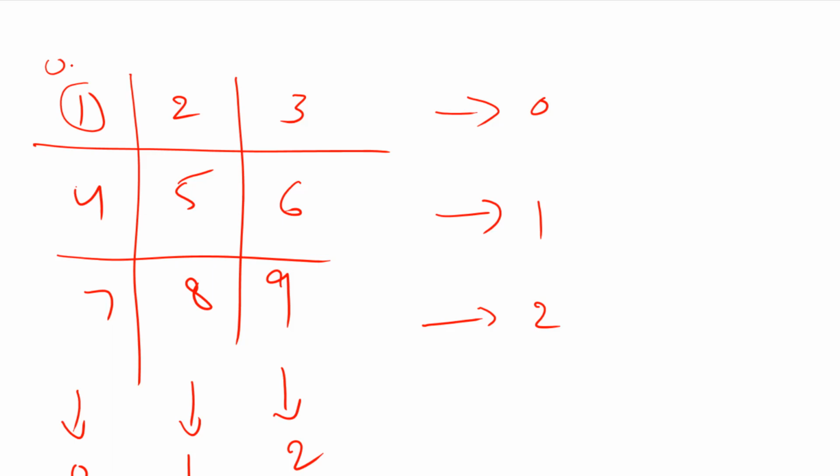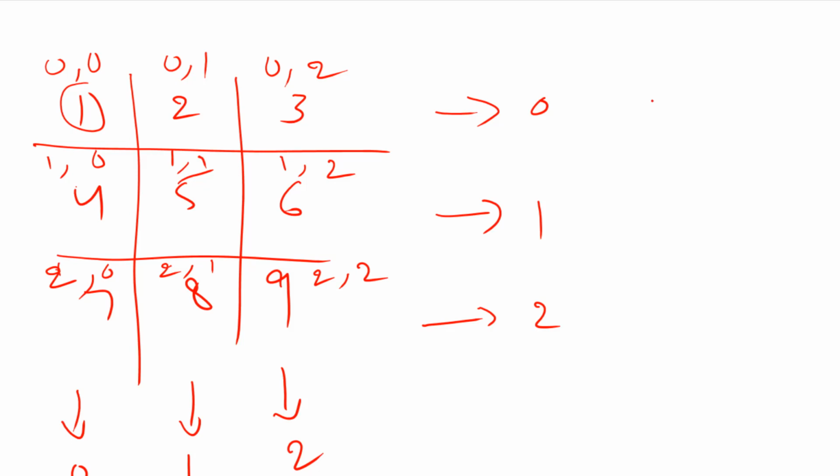So this element will be 0, 0, and this is 0, 1, 0, 2, and this will be 1, 0, 1, 1, and 1, 2, and this will be 2, 0, 2, 1, and 2, 2.